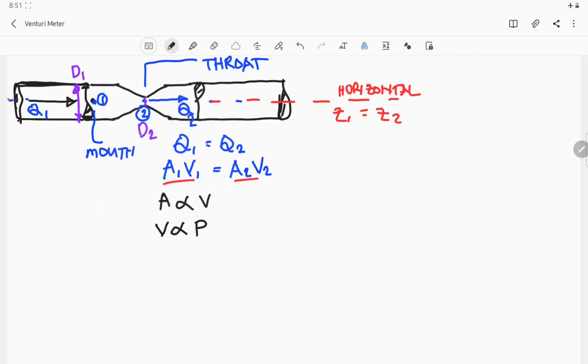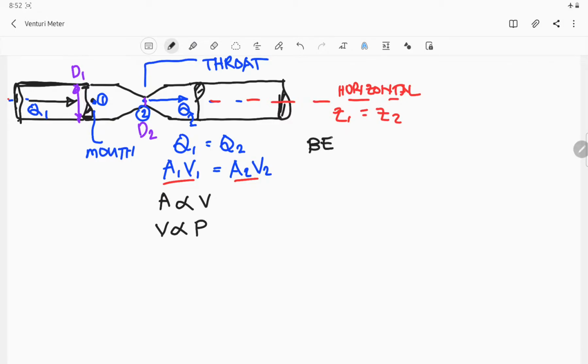If we cast Bernoulli's energy equation between point 1 and point 2, first assuming there is no head loss, we'll just put the head loss in later in order not to complicate the equation.